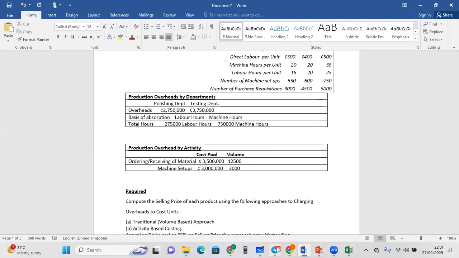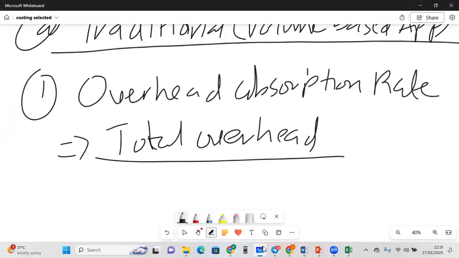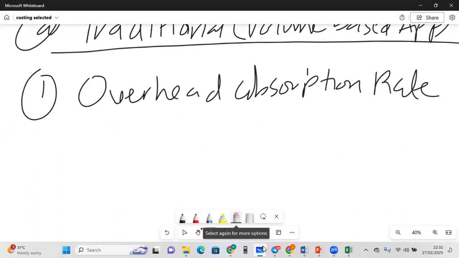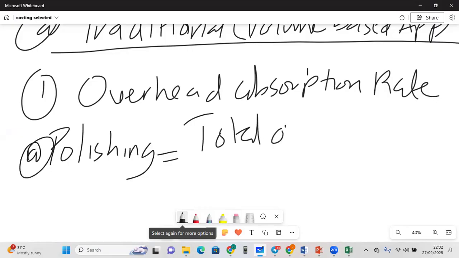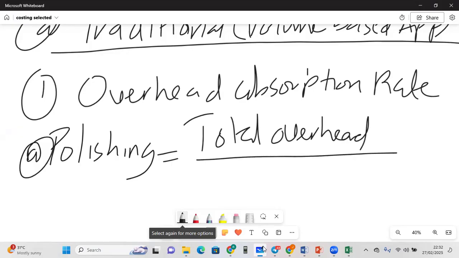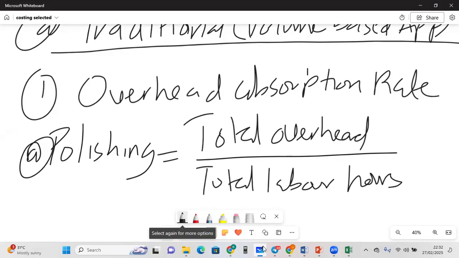So let's do that. Overhead absorption rate, let me do it for polishing. It's going to be the total budgeted overhead all over the hours.